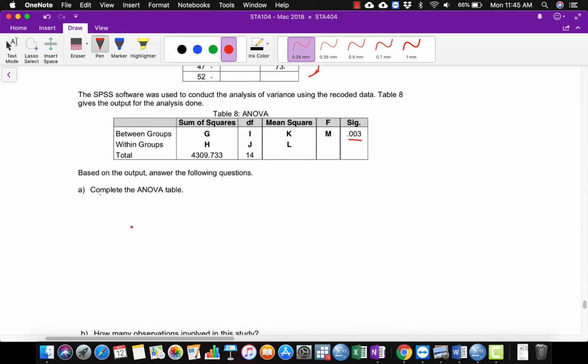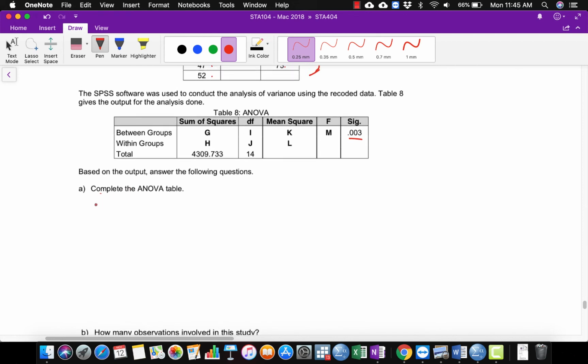As usual, we start with the simplest one. I is the degree of freedom for between group. Between group is k minus 1, which is 3 groups minus 1, equal to 2, right?